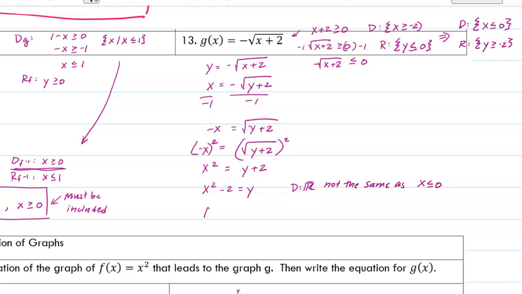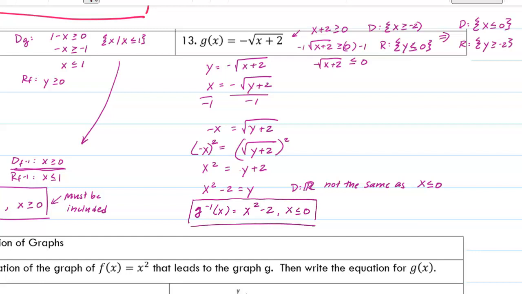So we have to restrict it. This is also g again. So we have g of negative 1, x is the quadratic, but we must limit its domain to x is less than or equal to 0. Okay, good job.